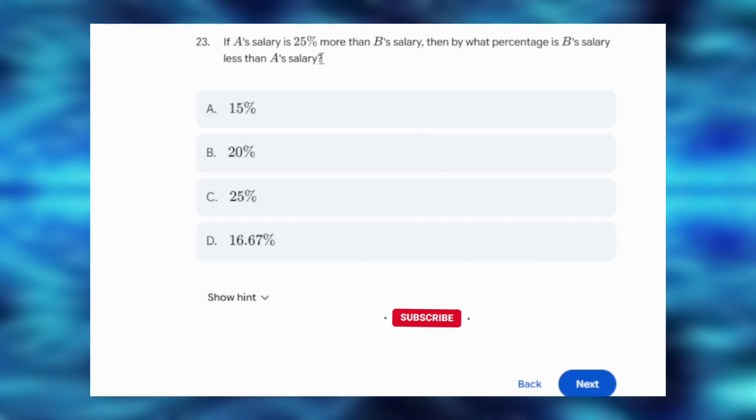If A's salary is 25% more than B's salary, then by what percent is B's salary less than A's salary? Here let's take B's salary as 100, then A's salary is 125.